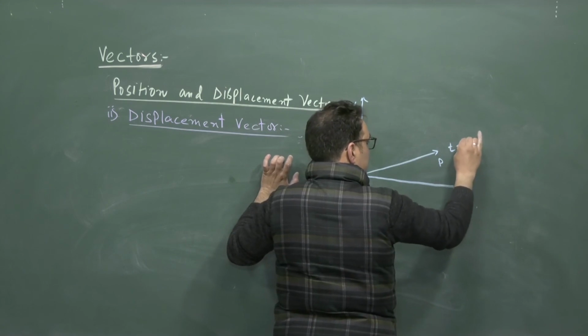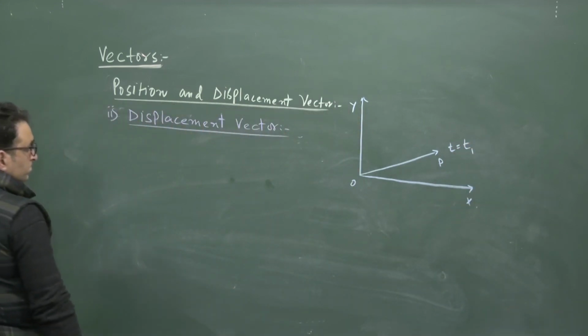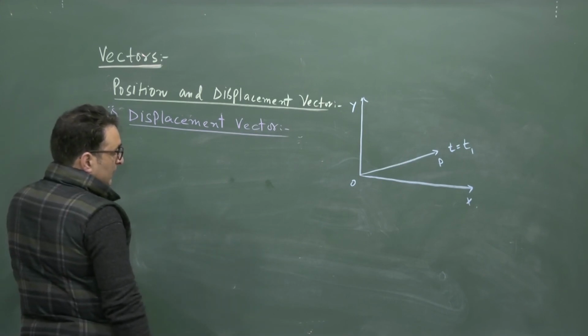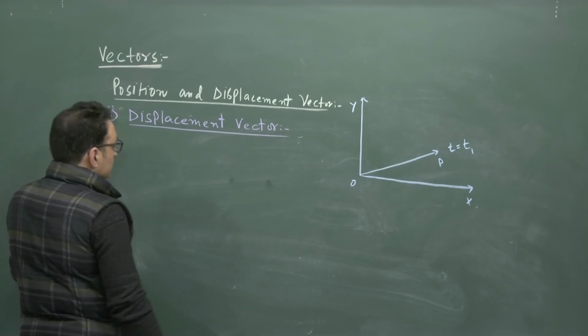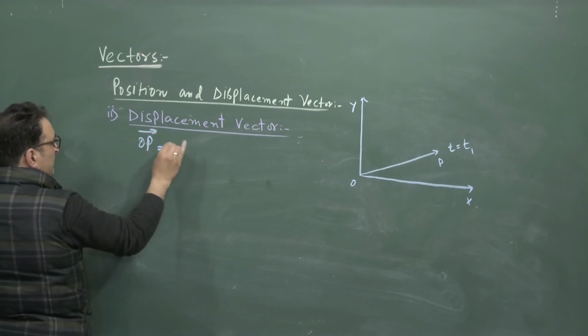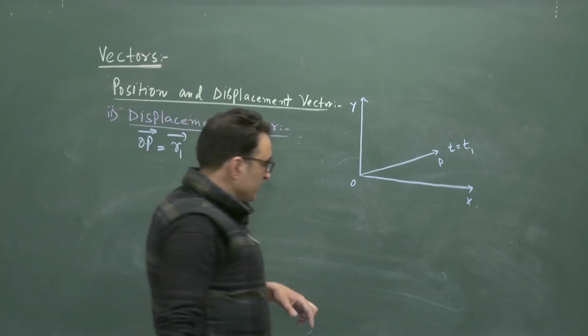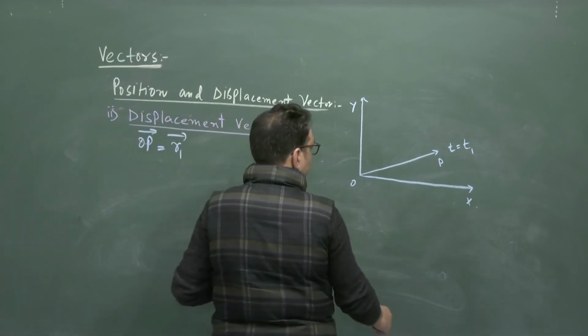This is at t equals t1. The particle is at point P. And we can write OP equals R1, the usual position vector representation, which I forgot to write previously.